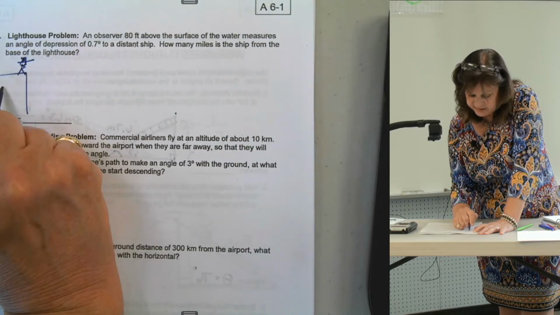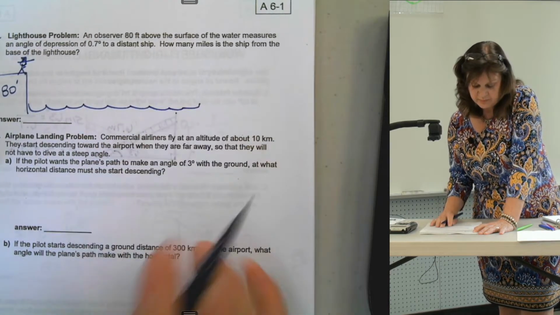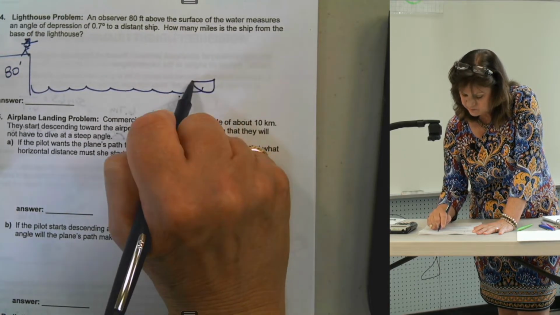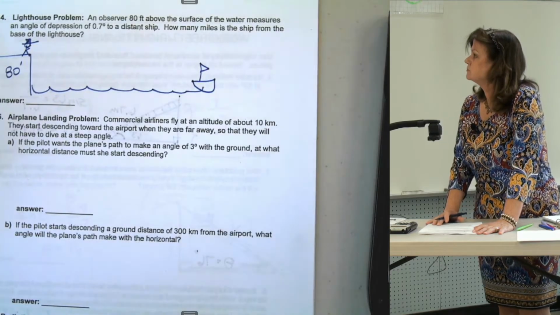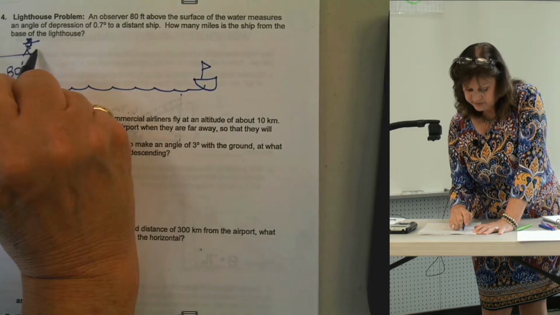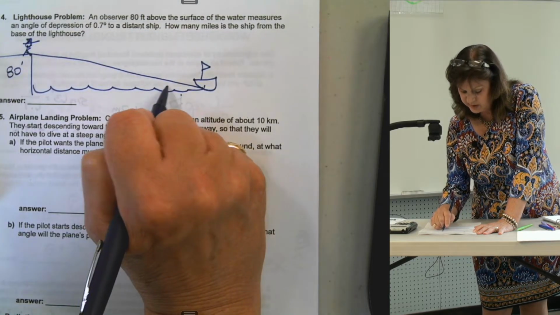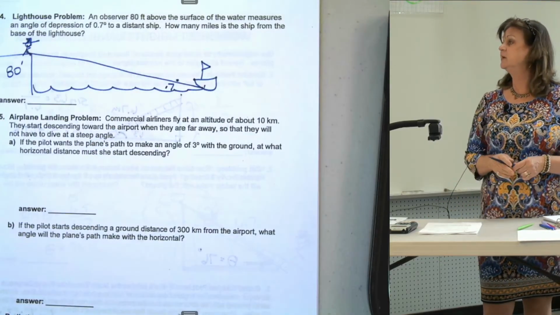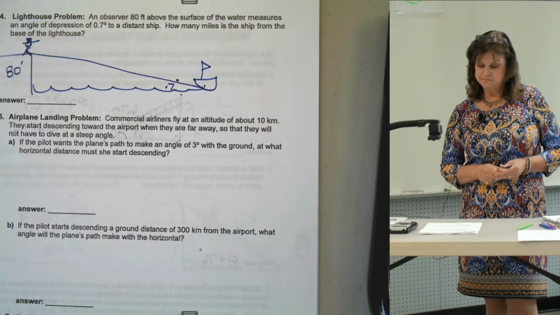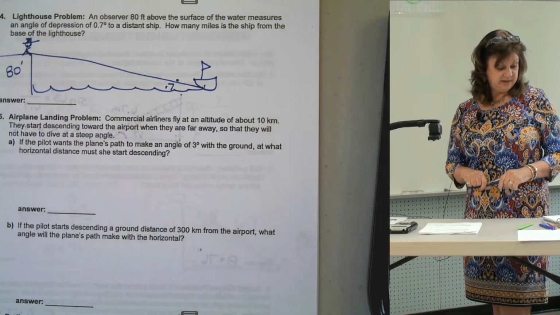He's 80 feet above the surface of the water. And he sees a ship out here. And his angle of depression is 0.7 degrees, which means if I draw an angle of elevation from the ship to him, it's going to be 0.7 degrees. How many miles is the ship from the base of the lighthouse?